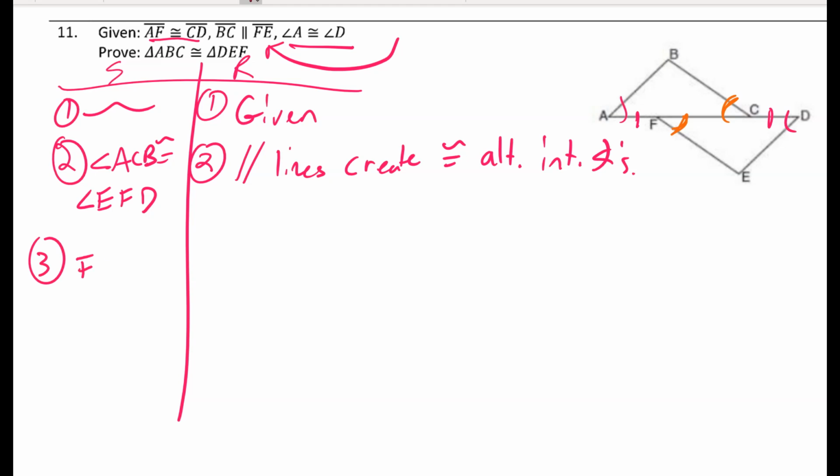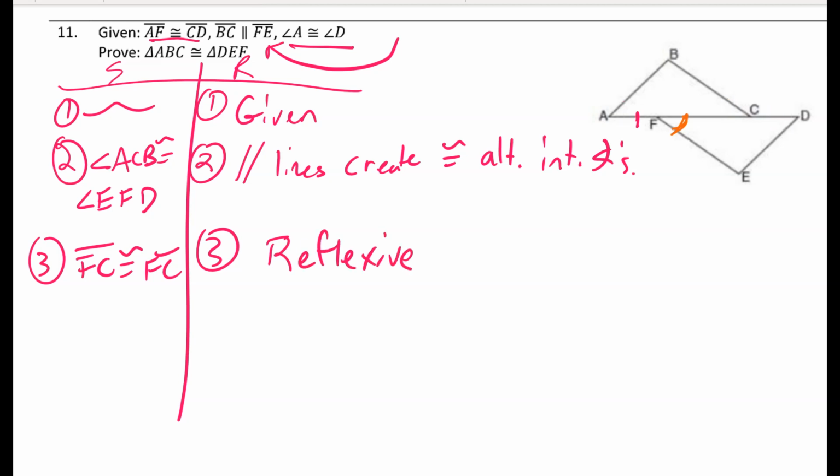So I'm going to say that FC is congruent to FC by the reflexive property. The reason I'm saying that is because they must have given me AF and CD for a reason. Notice that side length AC has an FC in it, and side length DF has FC in it as well.